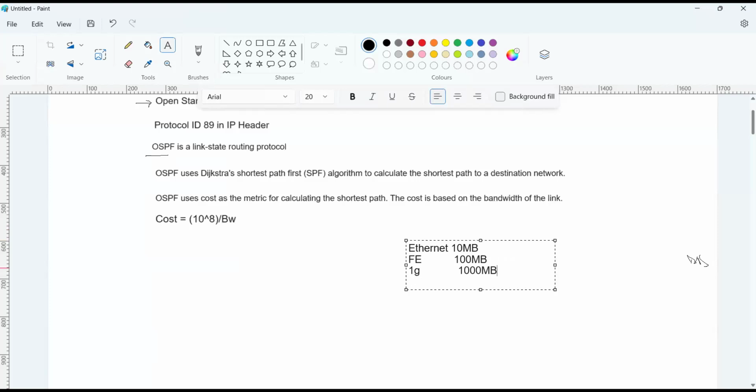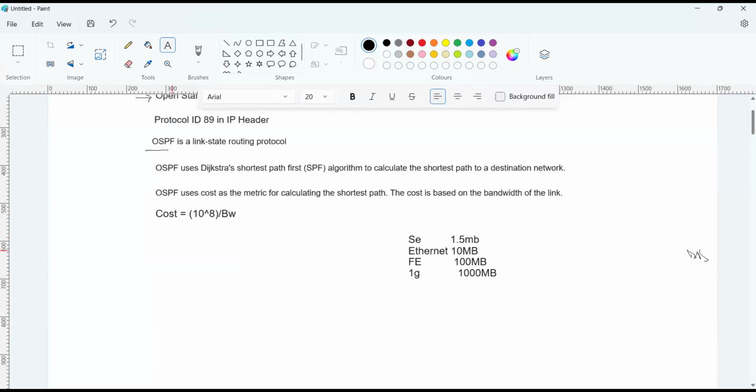And serial interface also, with a bandwidth in kbps, about 1.5 Mbps. This is the default bandwidth we have, and with its help we calculate it. I'll show you in the lab.